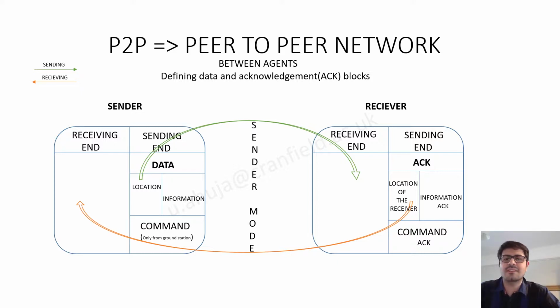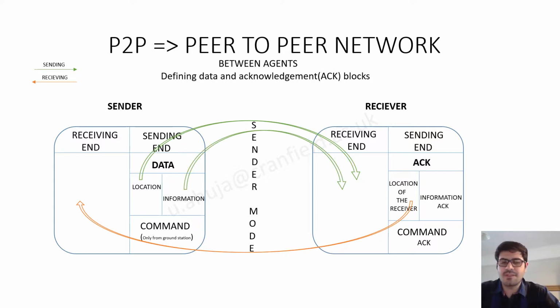The acknowledgement packet is basically the location of the receiver or any other node. So the location of the node or agent is acting as an acknowledgement packet. Any information about the location is equivalent to the acknowledgement packet.